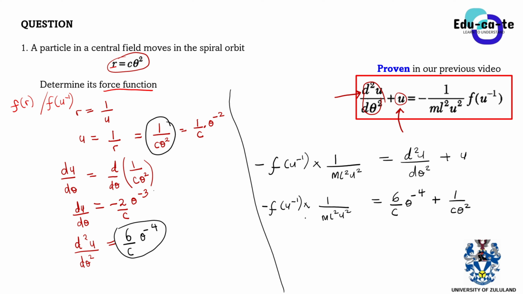Now we want to make our force function the subject of the formula. We cross multiply by this factor so that we remain with f of u to the power minus 1 equal to negative m l squared u squared into 6 over c theta to the power minus 4 plus 1 over c theta squared.